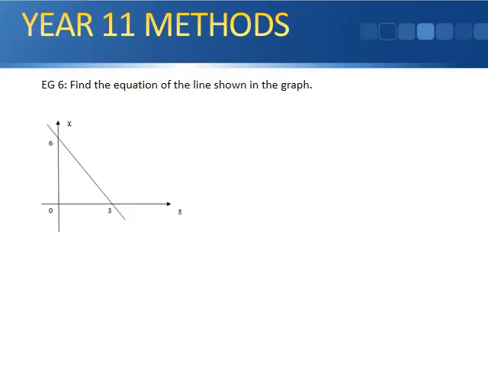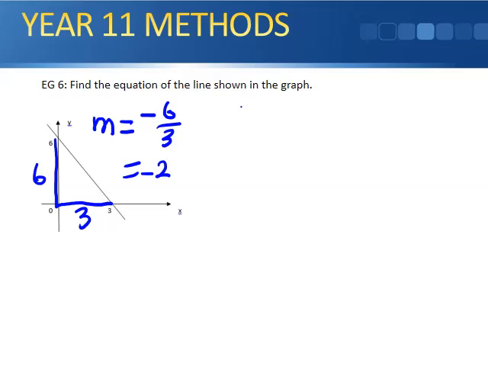Example 6, find the equation of the line shown in this graph. Now again, I'm just going to use the rise over run to quickly work out the gradient. So I've got 6 over 3. It's a negative gradient, I know that because the graph's going downhill. So negative 6 divided by 3, and 6 divided by 3 is negative 2. And then, it doesn't matter which one I'm going to use out of the points.